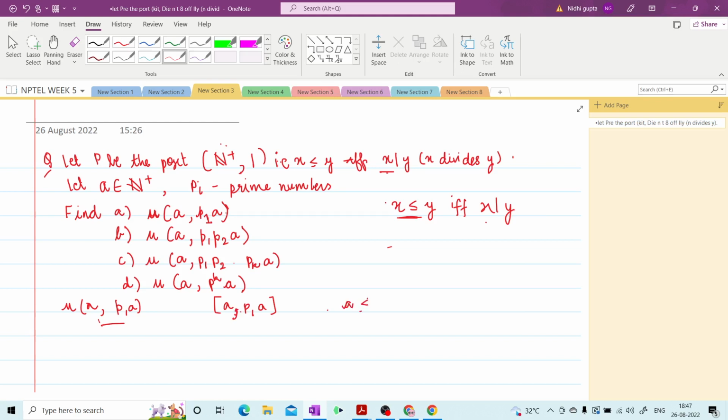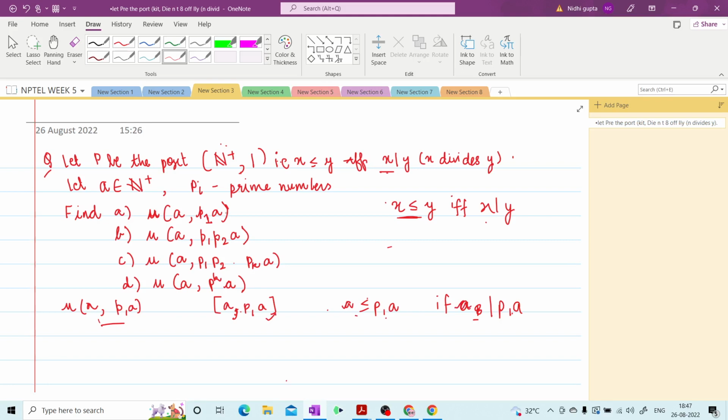A will be less than or equal to p1a if a divides p1a. And a does divide p1a, it's correct. So they are related by the partial order.